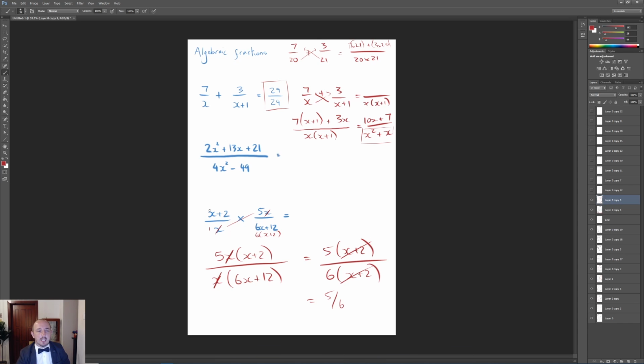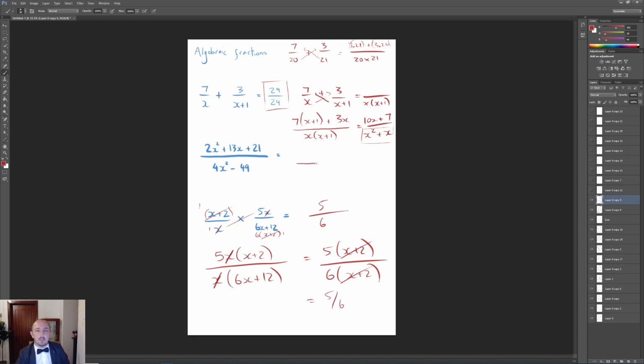So I can cross cancel this x plus 2 to make it a 1 and x plus 2 to cancel that to a 1 as well. So on the top now I have, it looks a bit messy, but 1 times 5, and on the bottom 1 times 6.